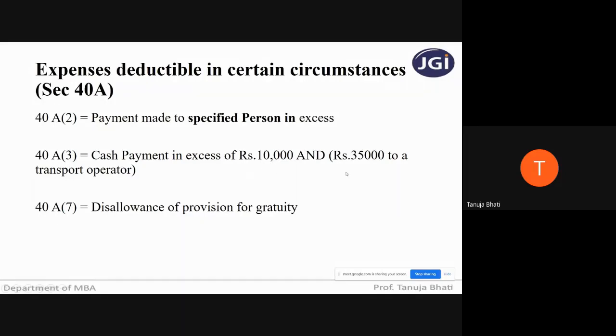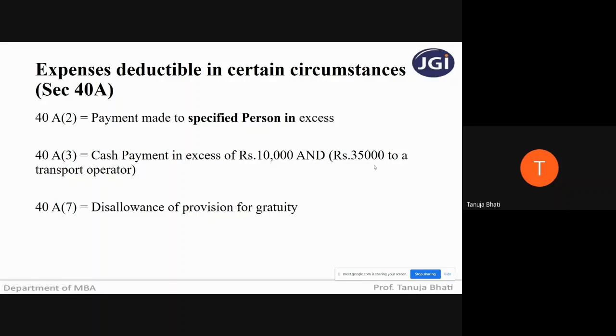Now, but in case of any person who is having the business, like if any payment is made to a transport operator for hiring or leasing goods or transportation of goods, the limit is 35,000. So when the payment is made to a transport operator, up to 35,000 cash can be paid.